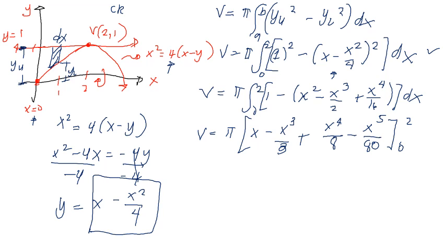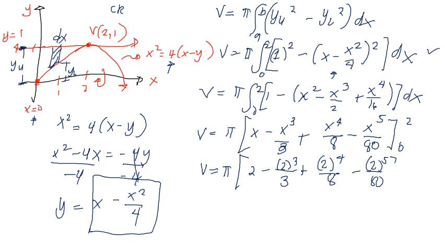So we need to substitute the upper value for x. So 2 is the upper value. So we have volume pi times 2 minus 2 raised to 3 all over 3 plus 2 raised to 4 all over 8 minus 2 raised to the fifth all over 80, minus the lower limit, which is 0.